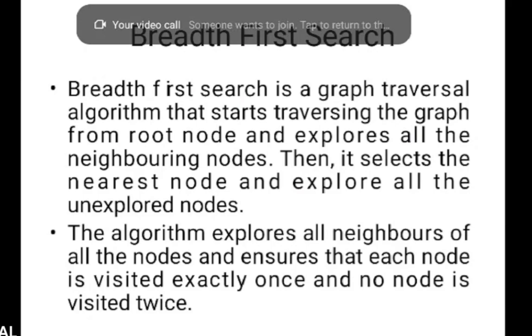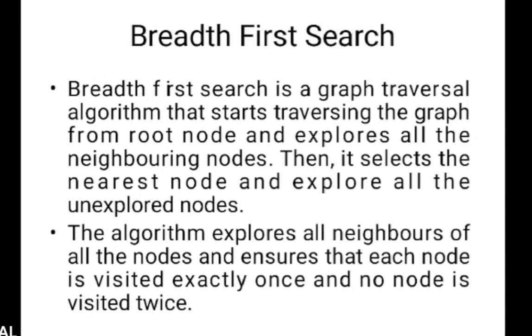Once we explore a node, we mark it as visited, so that if the algorithm comes again at this node, it will check whether it is already visited or not. If it is already visited, then it will not explore it again and will go to the next one.